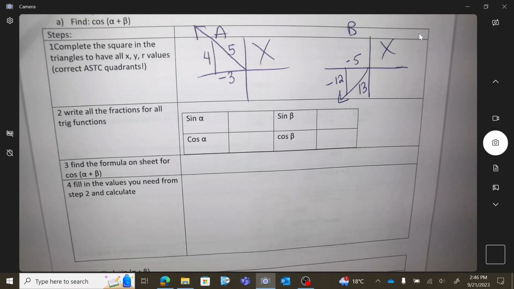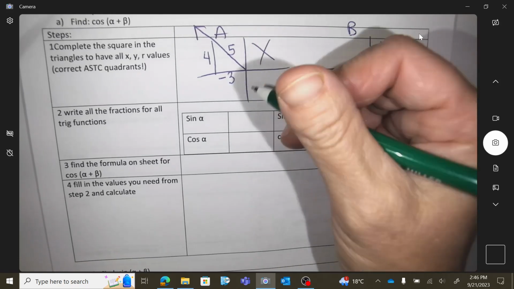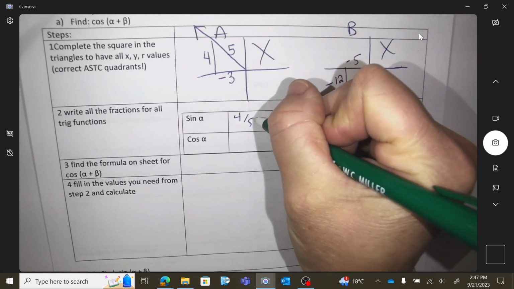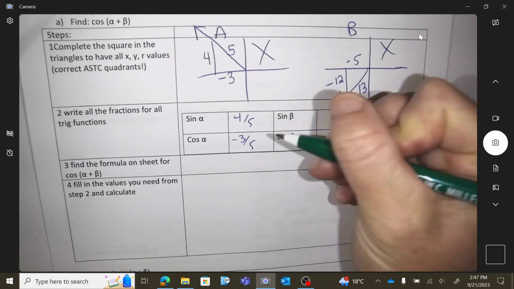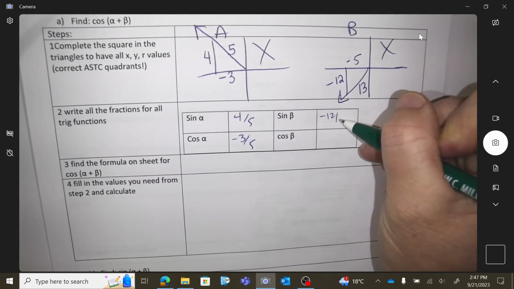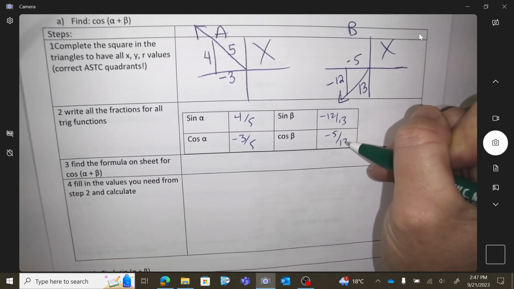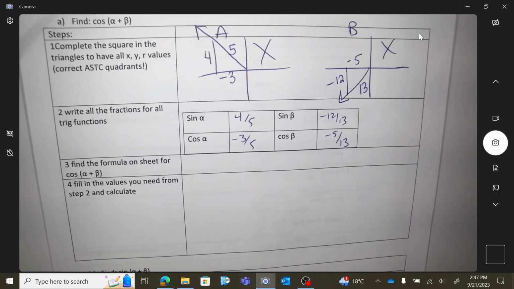Okay, preliminary work. Can you just get me all the 4 ratios here, just nice and organized? So at this point, you should kind of have those 6 ratios nice and memorized.